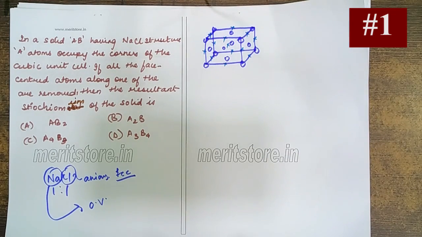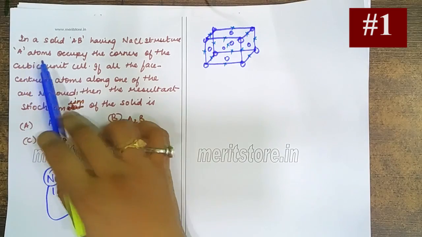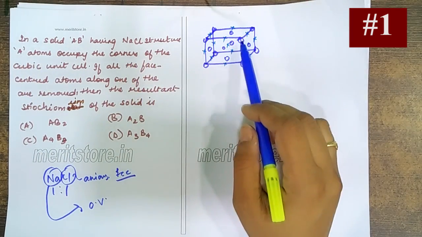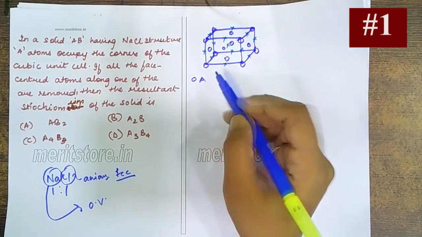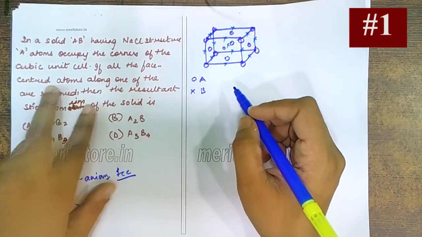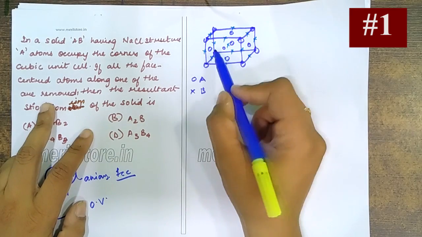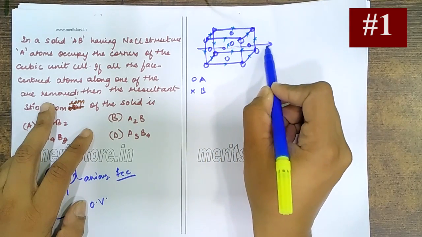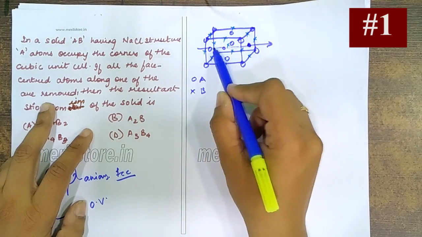Now they are saying A occupies a corner. That means this is the position of A and this is the position of B. Now if all the face centers along one of the axes are removed, if you put one axis, that means two face centers will be removed.